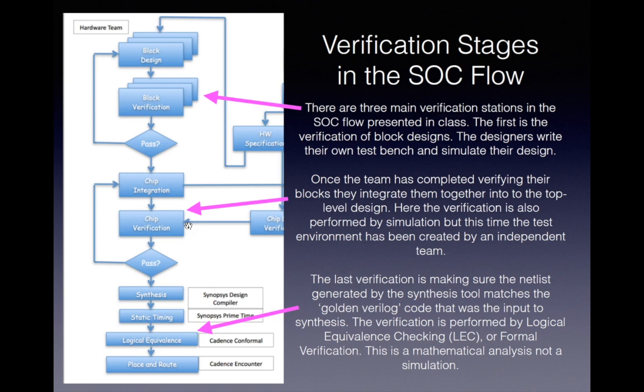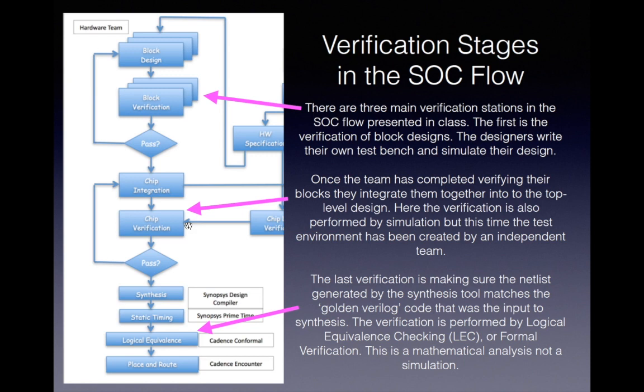So in our flow, I've stressed this several times, but there are 3 verification steps. There was the block level, the chip level, and the logical equivalence checking. The first, the designers write their own test benches and verify by simulation that their designs work.